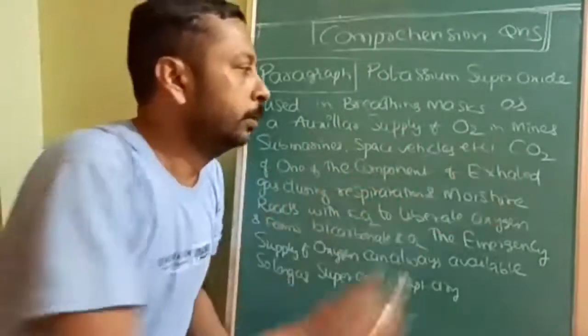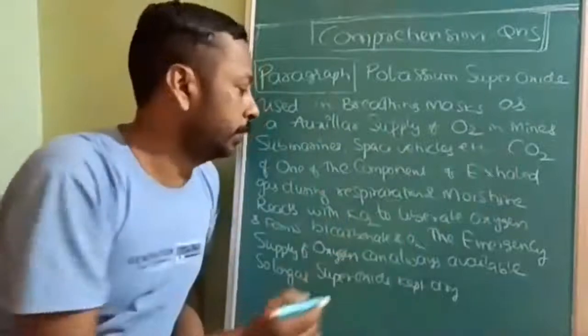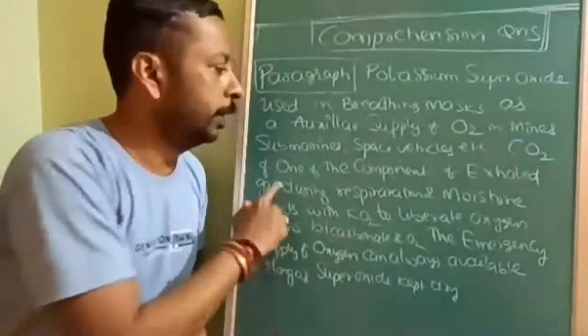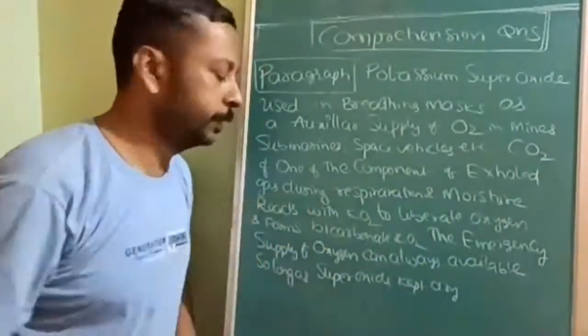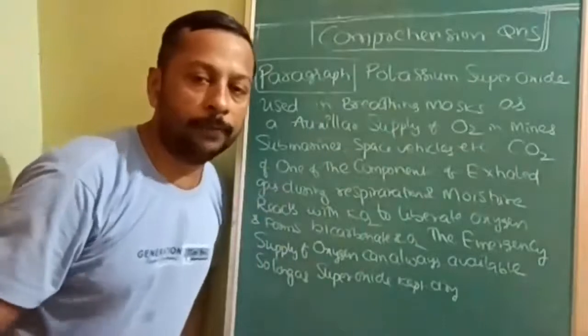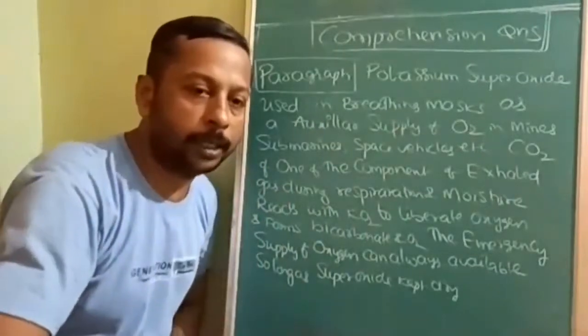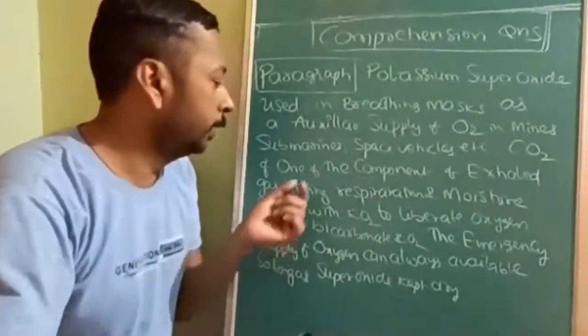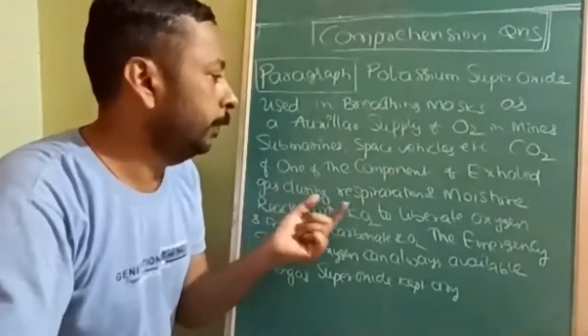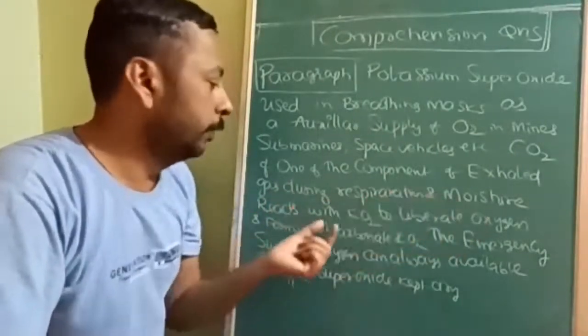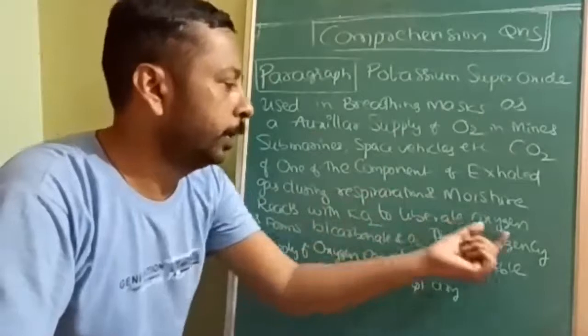Okay, and the problem is that CO2 is also one of the components of exhaled gas. So exhaled gas will contain CO2, and that CO2 and moisture react with the KO2 to liberate oxygen.